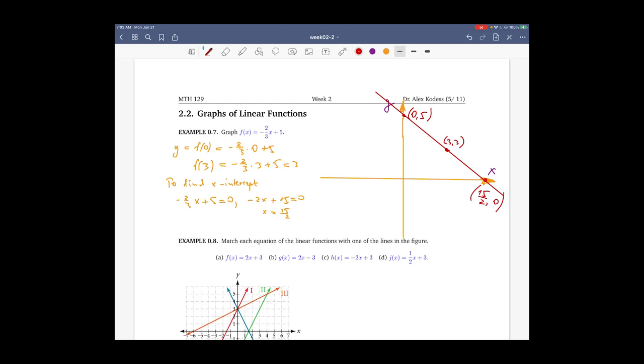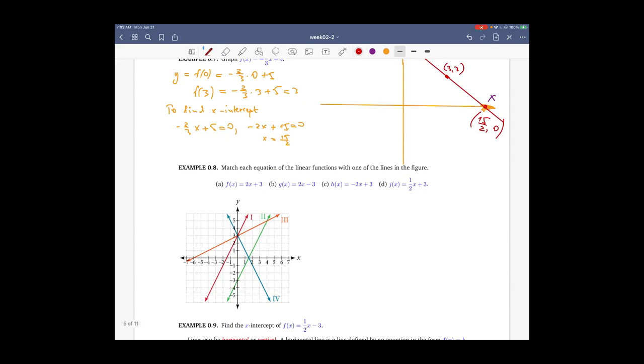Now, in the next example, we need to match the equations of 4 given lines with the 4 lines in the picture. It shouldn't be a difficult problem. For example, let me use colors for this. What is the equation of the red line?